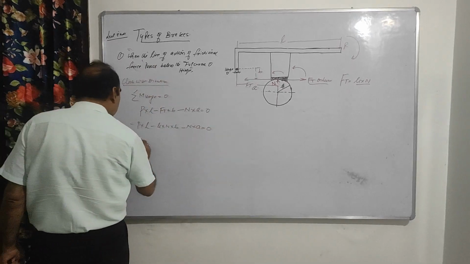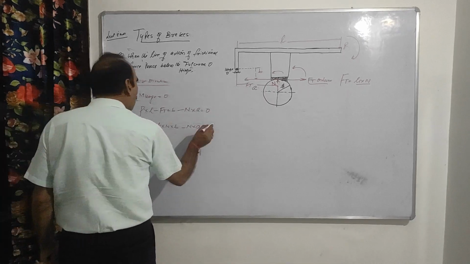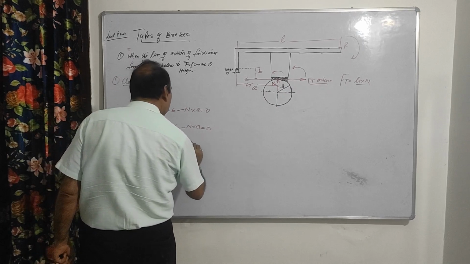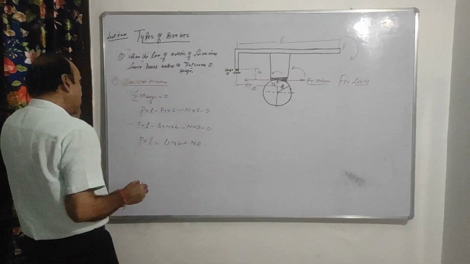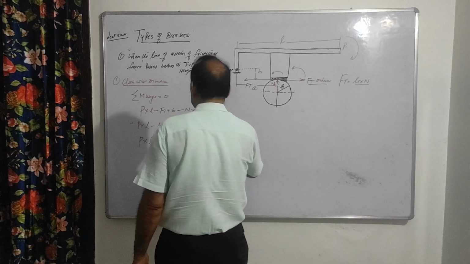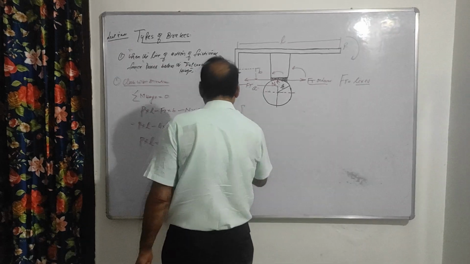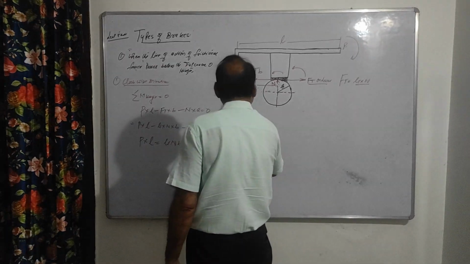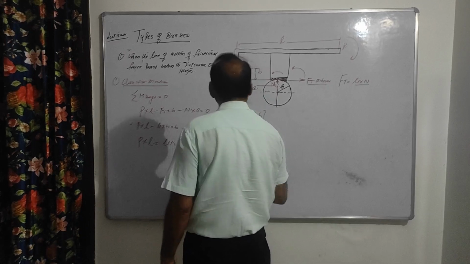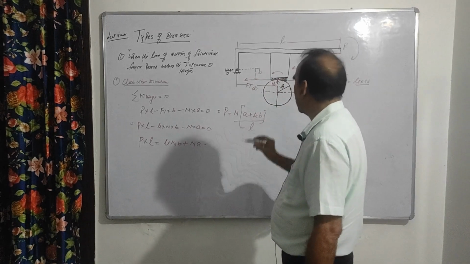And now P into L is equal to, this goes to the other side, mu N B plus N A, right? Or P is equal to, take N common, N into (A plus mu B) upon L. So P is equal to N into (A plus mu B) upon L.